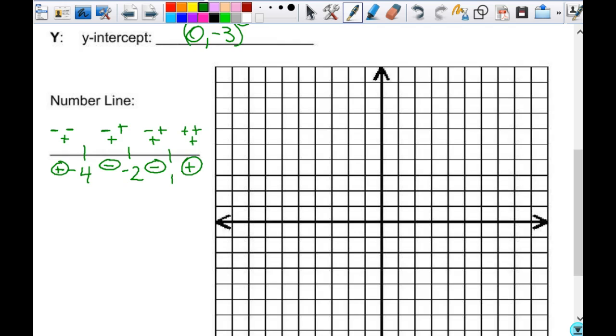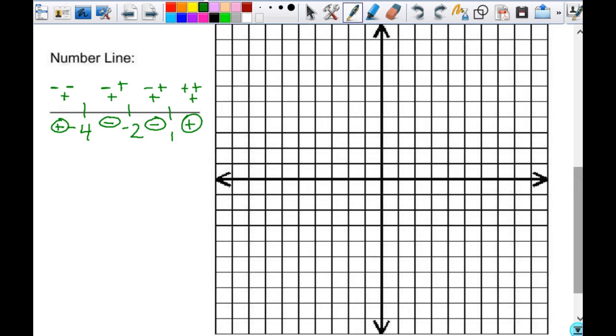Yes? All right, so let's graph our asymptotes. We have a vertical asymptote at -2. We have a horizontal asymptote at y equals 3.